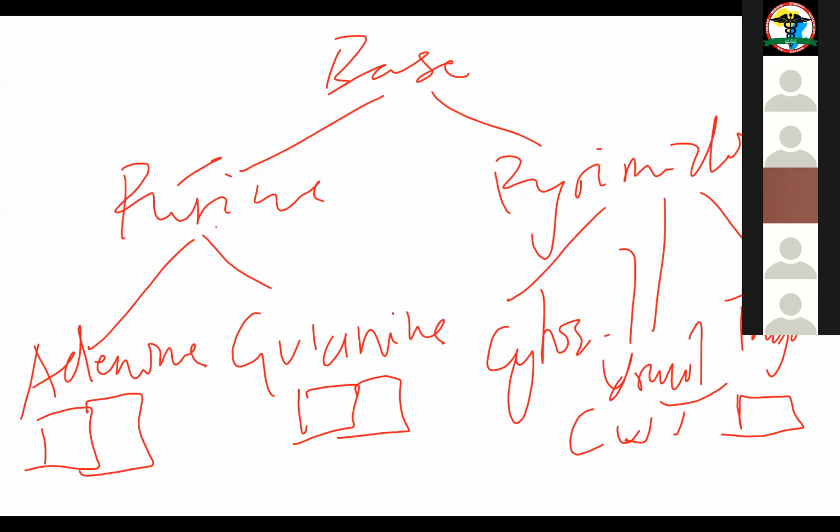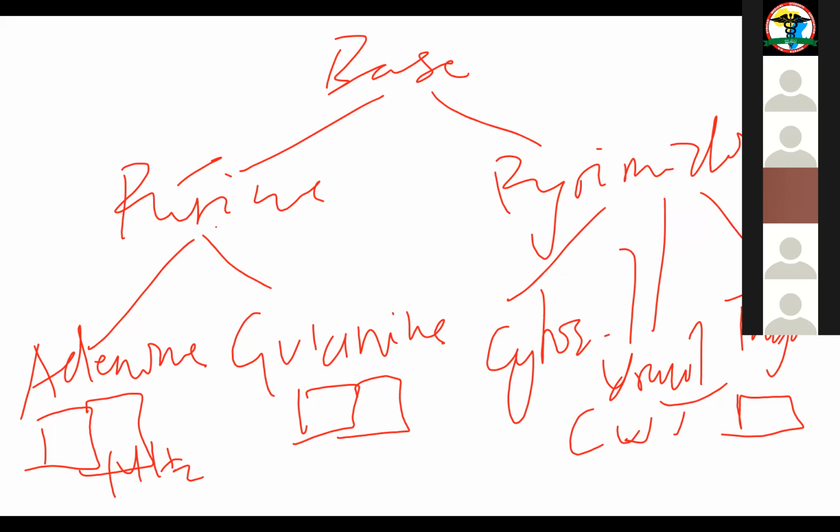We call them nitrogenous bases because they contain nitrogen. From your basic organic chemistry, you are aware of the amine group, the compounds that contain the NH2 group. So they are called nitrogenous bases because they contain this amine functional group.